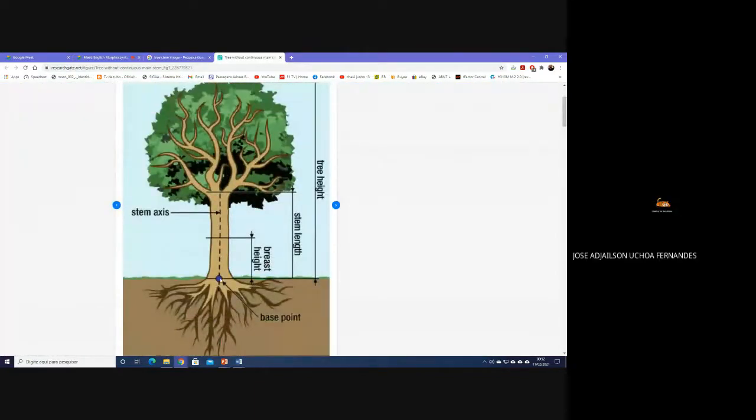Stem. You see? The roots. Try to apply it to morphology, to the ideas you are learning. Se eu tenho o root e eu tenho o stem, quem é a unidade maior? Root ou stem?